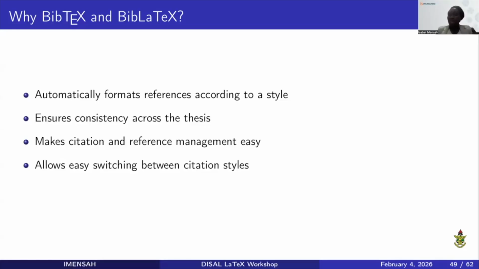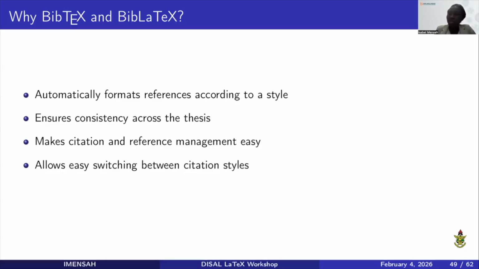BibLaTeX actually ensures consistency. It's very consistent. I think last semester or last 2 semesters, I was reviewing someone's work from AIMS. It was an external thesis that came. On some of the pages, the person has author-year. On some of the pages, the person has numbers. So just that thing alone, I was like, what is this person doing?